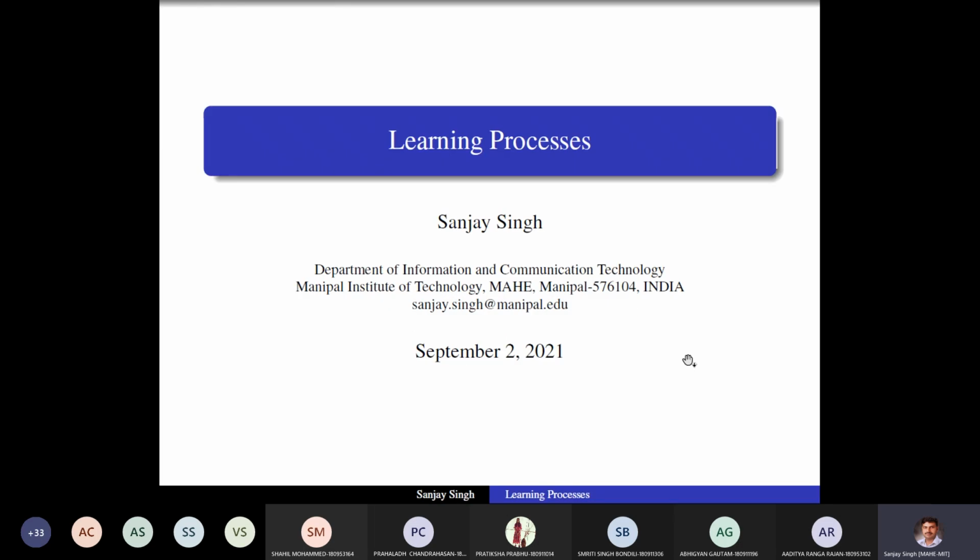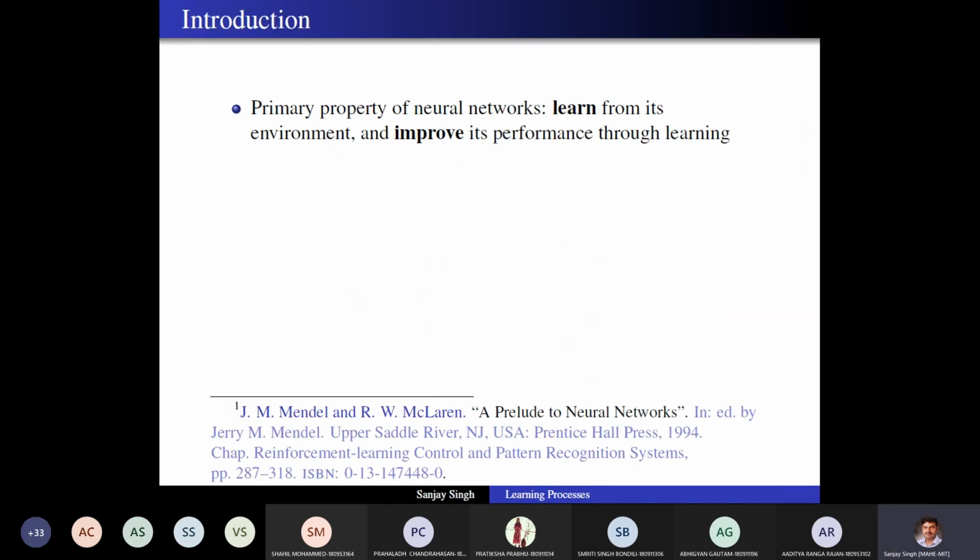So today we'll start with another module within this chapter, something called the learning process. The primary property of neural networks is to learn from its environment and improve its performance through learning.